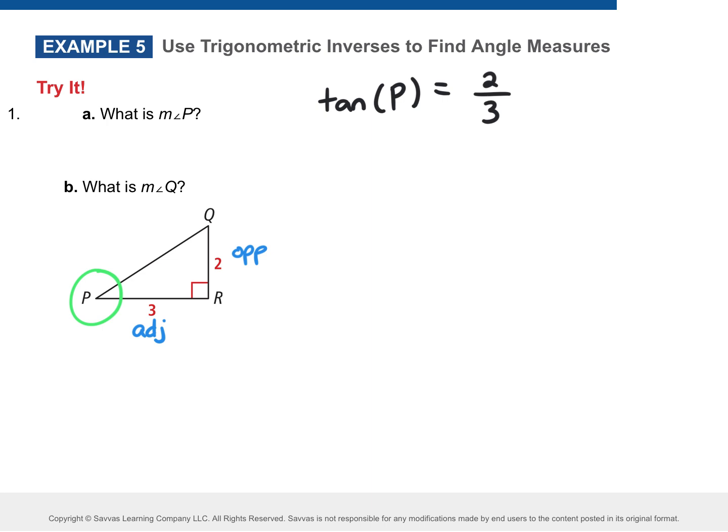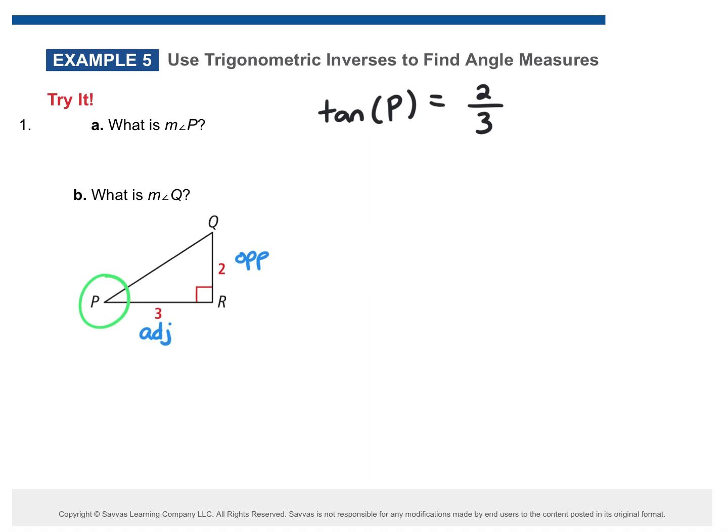Now, what's a little different here is we're trying to look for this angle here. We want to get rid of tangent. It's that tangent -1, tangent inverse. So to get rid of this tangent, we're going to multiply both sides by the inverse. That -1 means inverse.